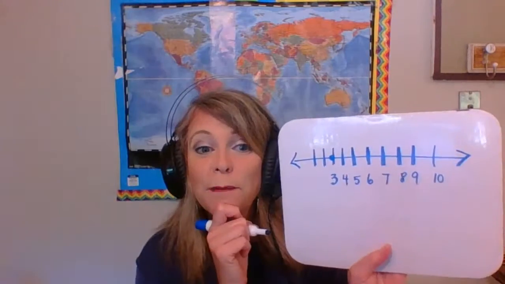If I did that, I would label each number on the number line. So I'm going to start with the number 3, and I'm going to jump up 6, which would mean I'll go 1, 2, 3, 4, 5, 6. So I could say 3 plus 6 equals 9.